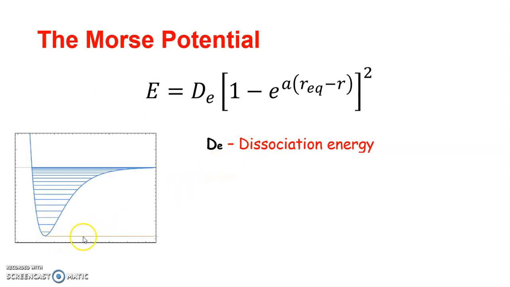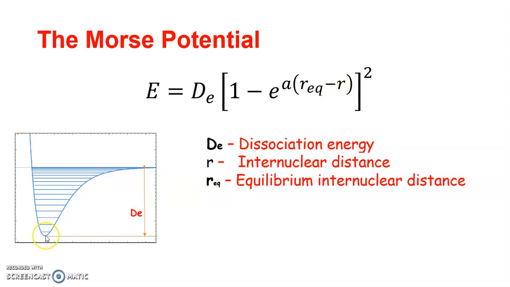That is, it is the distance from the lowest energy level to the dissociation limit. r is the internuclear distance and r_eq is the equilibrium internuclear distance, and a is an empirical constant characteristic of the molecule.